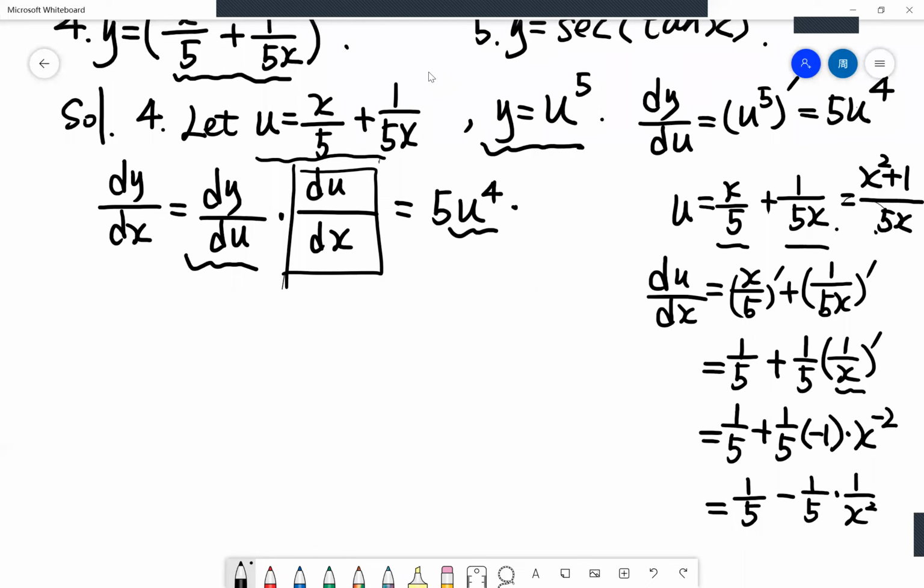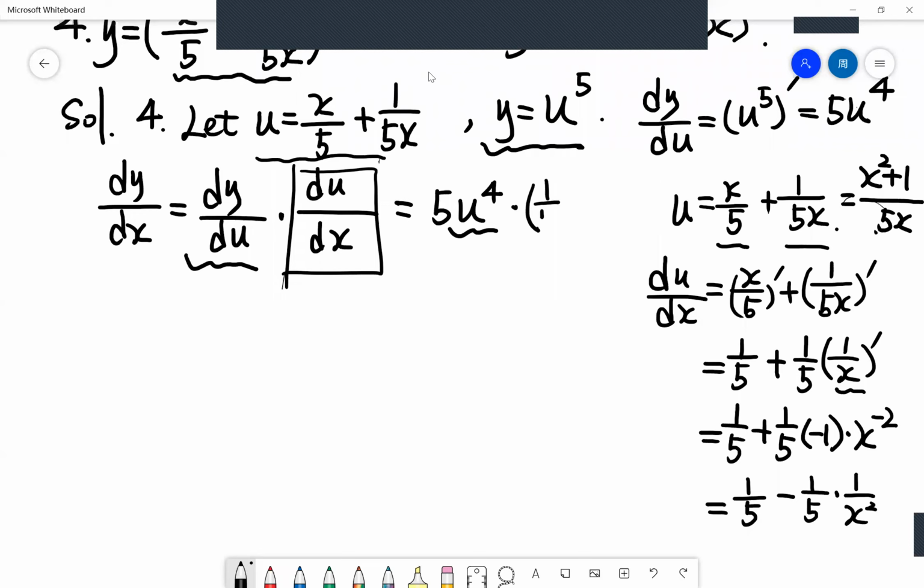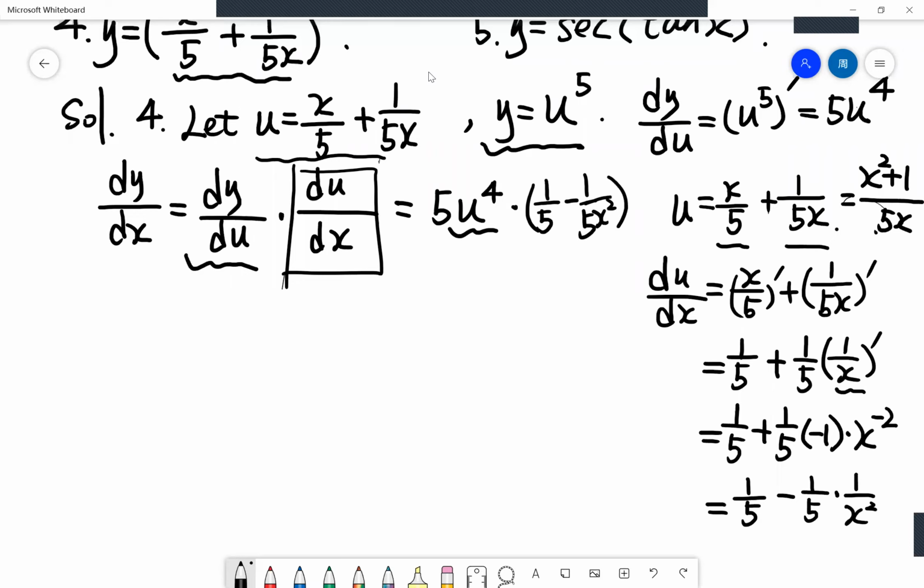So du/dx equals 1/5 minus 1/(5x squared), right? We can take 1/5 outside, and that can be cancelled by 5, so we have u to the power 4 times (1 minus 1/x squared).